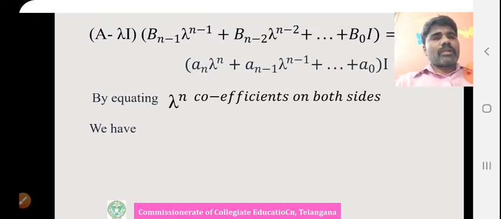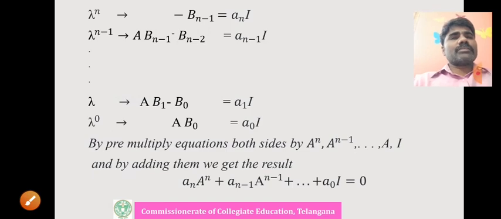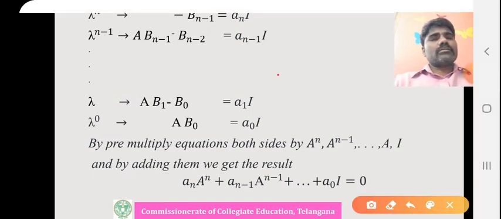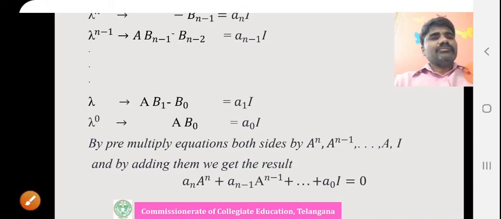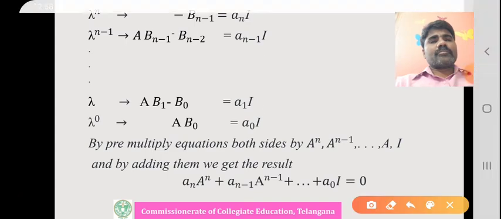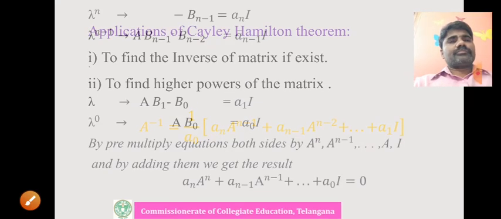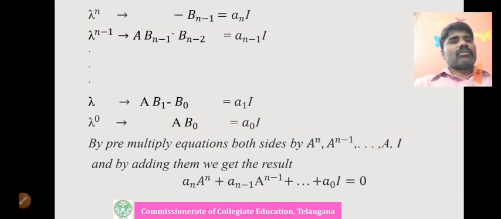We have the lambda power n coefficient given by this lambda into lambda power n minus 1 times minus B n minus 1, and the right hand side is a n into I. That is, the lambda power n coefficient is minus B n minus 1 equal to a n into I.